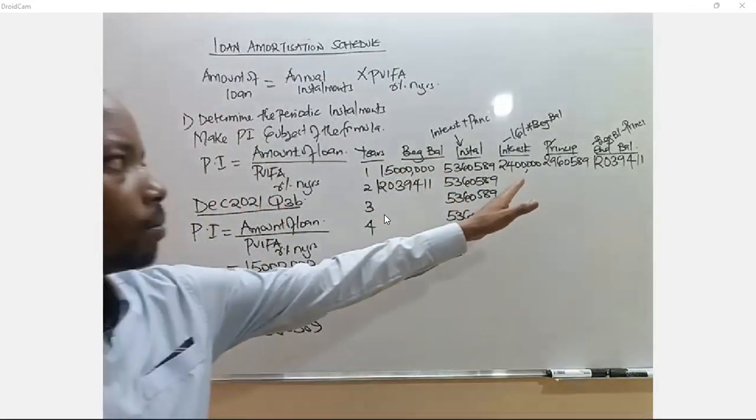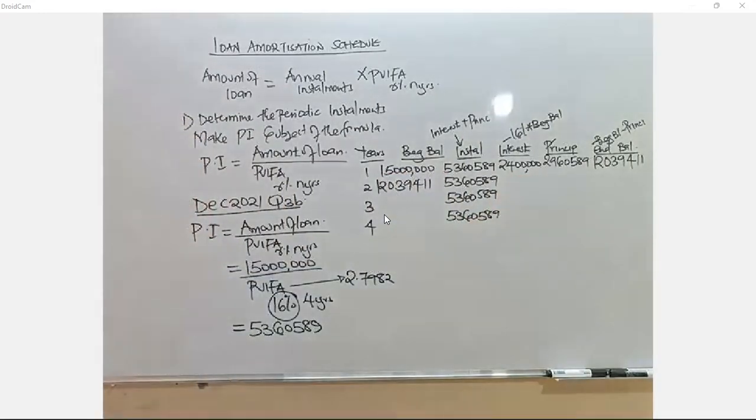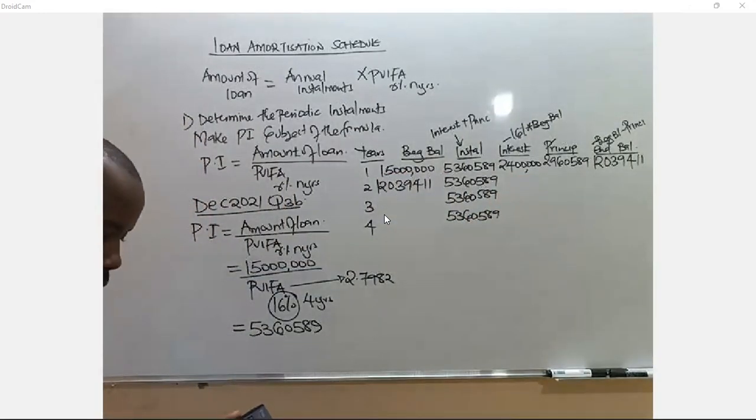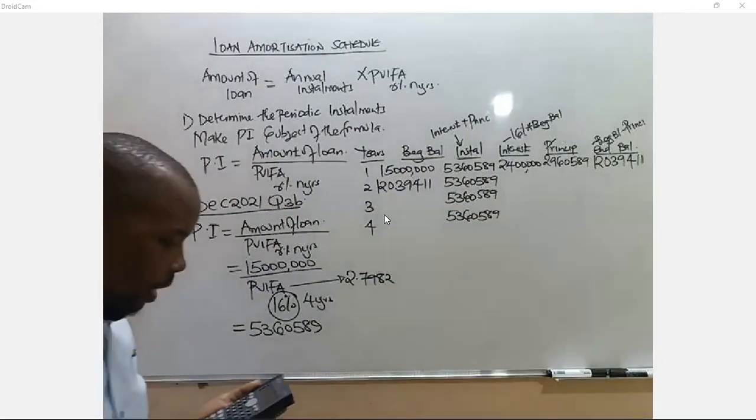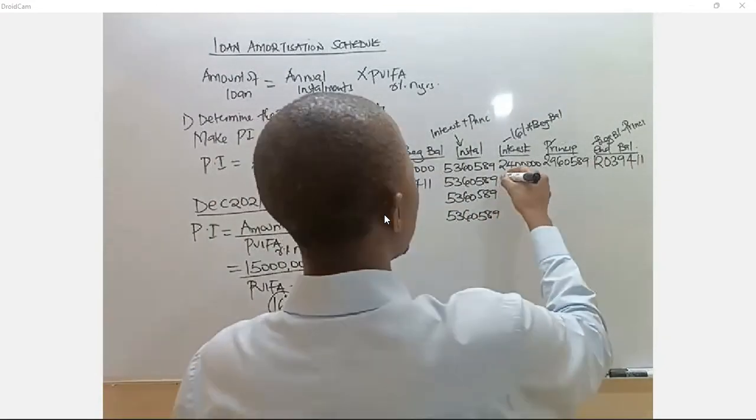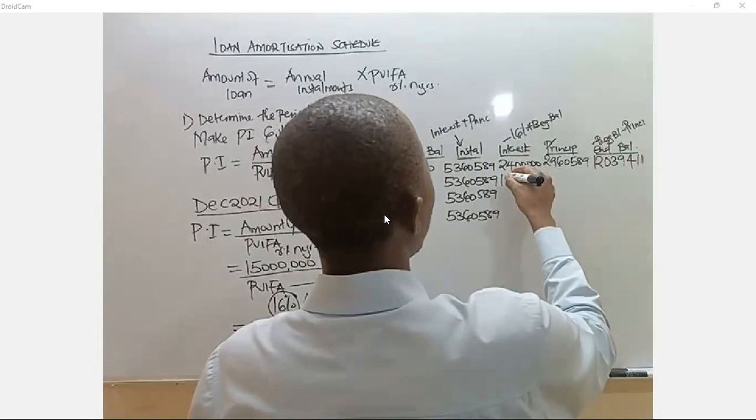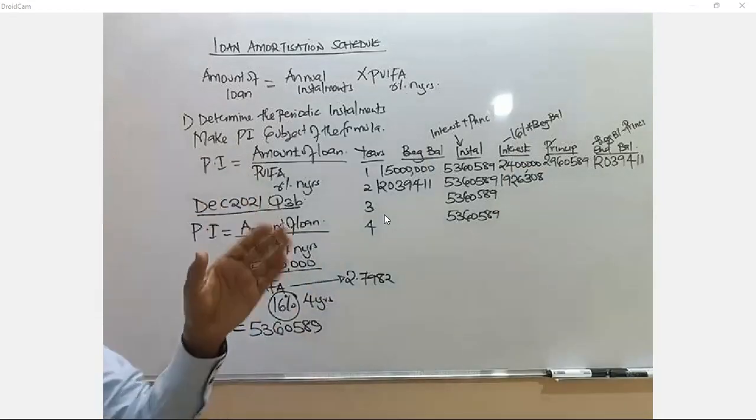How am I going to get my interest? You multiply with the interest rate, in our case 0.16. We are getting 1,926,308, and you can see your interest keeps reducing. Correct. What about the principal amount?